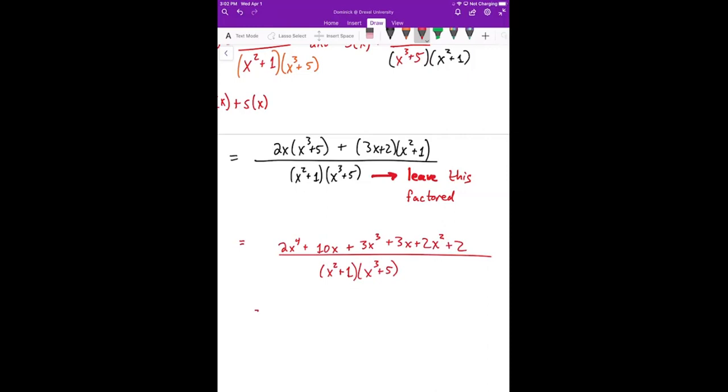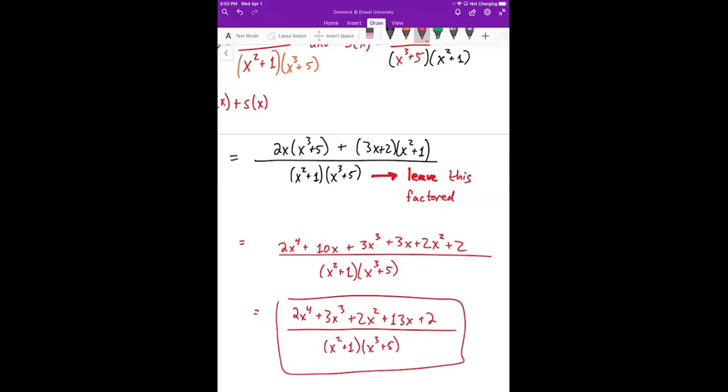Okay, so now we can combine like terms in the top, and we have a 2x to the fourth. Looks like we just have the 3x to the third, 2x squared, and then I'm going to get 10x and 3x, which is a 13x, and then plus 2. And then this is all over x squared plus 1 times x to the third plus 5.